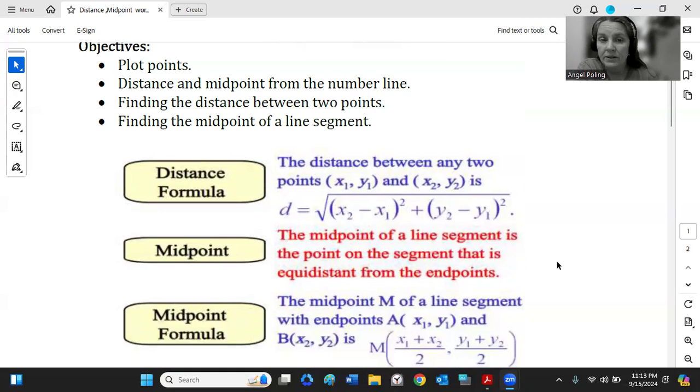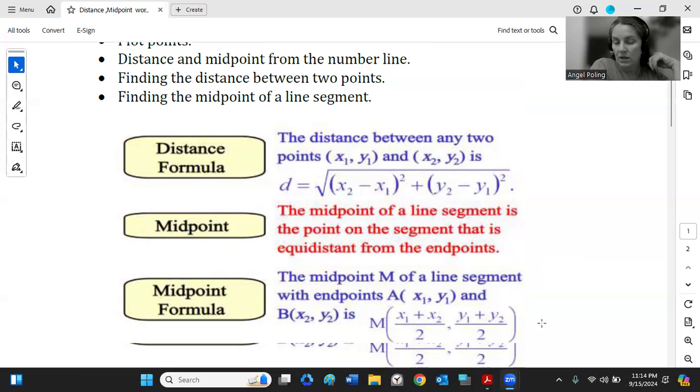For the midpoint, the midpoint of a line segment is the point on the segment that is equidistant from the endpoints. And we have a formula. The midpoint M of a line segment with endpoints A at x1, y1, and B at point x2, y2.